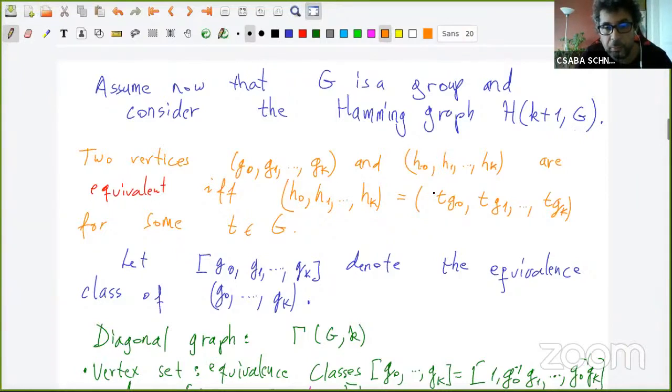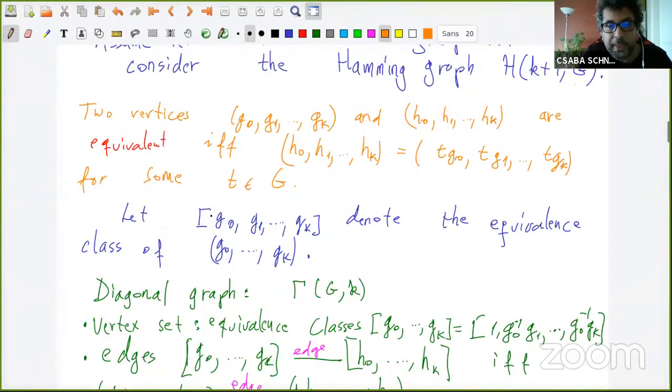We are using the group product to introduce this equivalence relation. And so we will use this notation: we put in brackets [g_0, ..., g_k] to denote the equivalence class of this vertex g_0 up to g_k.